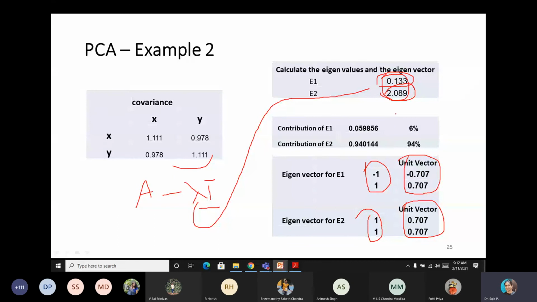Okay, so by looking at the values, you can find out that 2.089 is higher than 0.133. So you can also find the contribution: 2.089 divided by 2.089 plus 0.133.